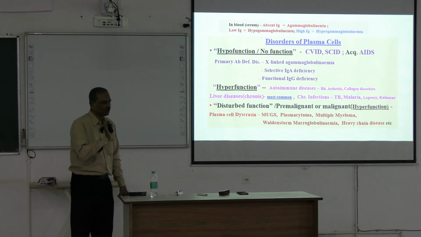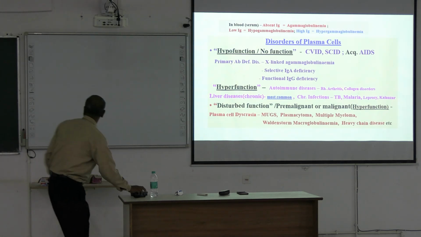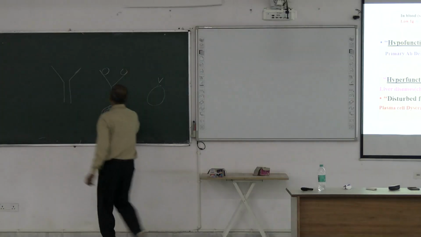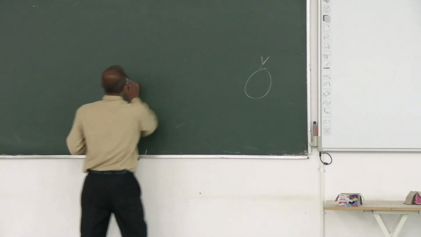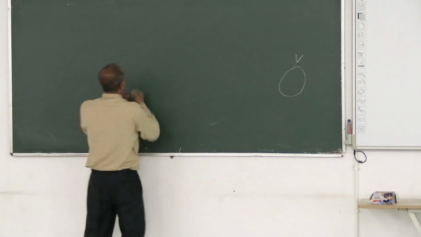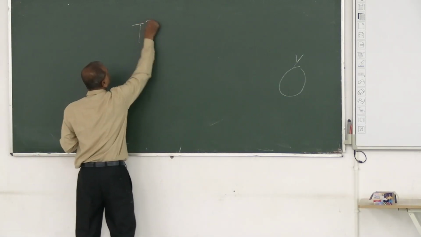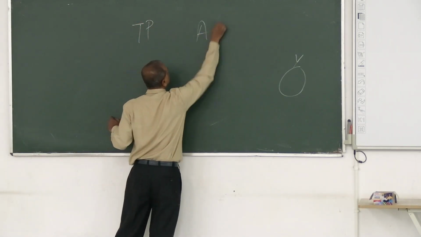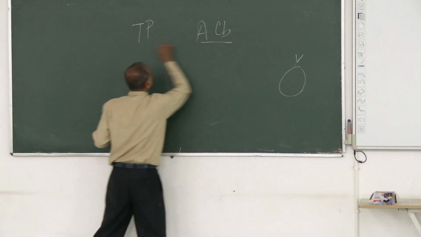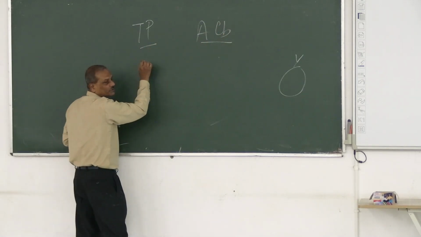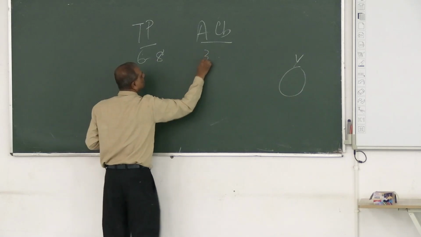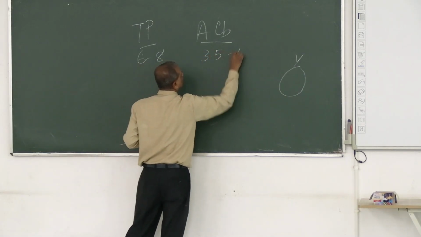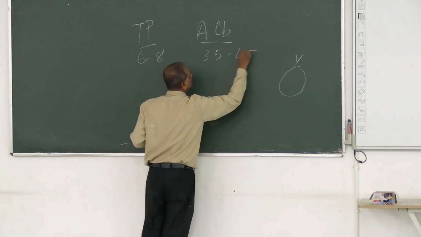Now, in liver disease, normally what happens, if you classify the total protein, we measure total protein and albumin. Suppose the TP range is 6 to 8 and the albumin range is 3.5 to 4.5 grams per deciliter.